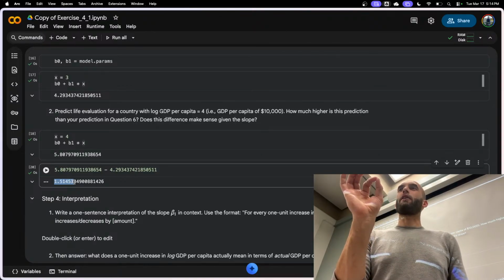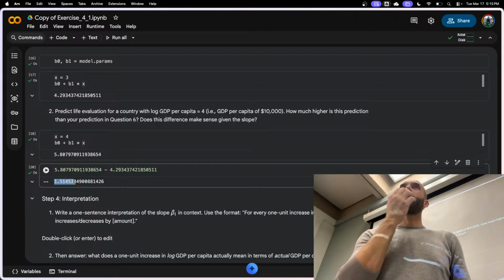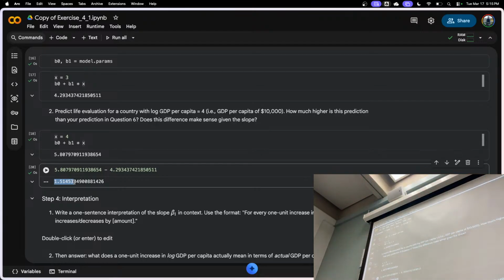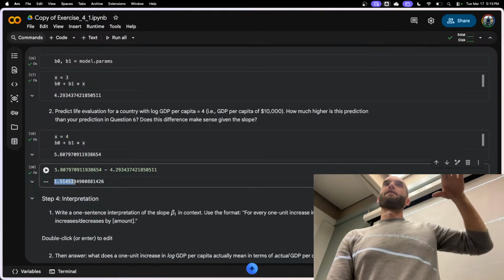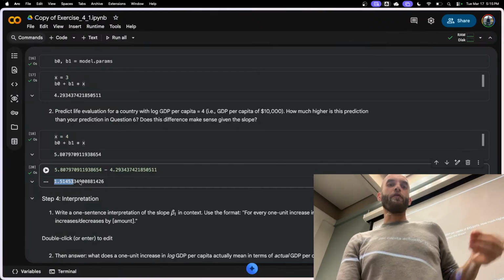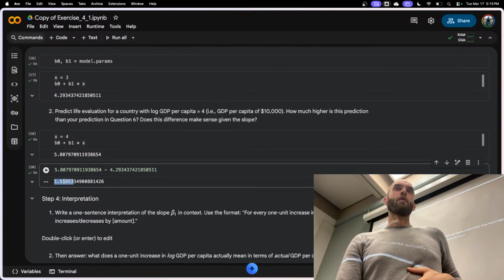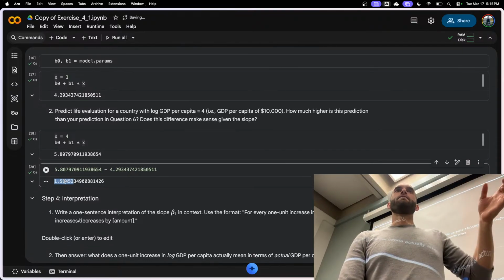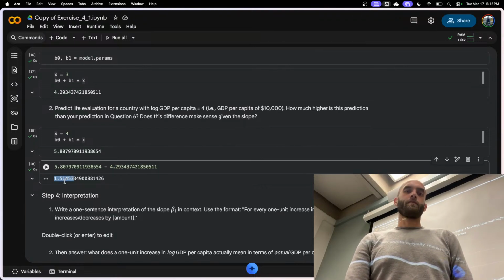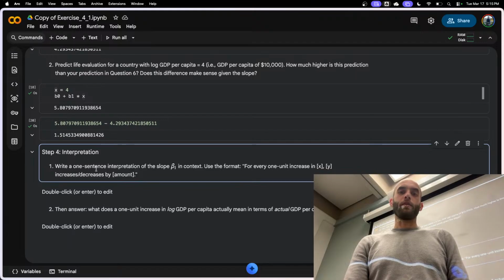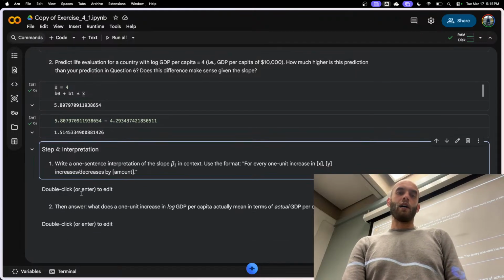Does this number look familiar? This is exactly equal to the coefficient for the slope. That's what the coefficient is telling us. Every single unit increase on the horizontal axis is an increase on the vertical axis of this number. So you multiply your income by 10, happiness goes up by 1.5 on the scale. So that's the interpretation of the slope, beta 1, in context.